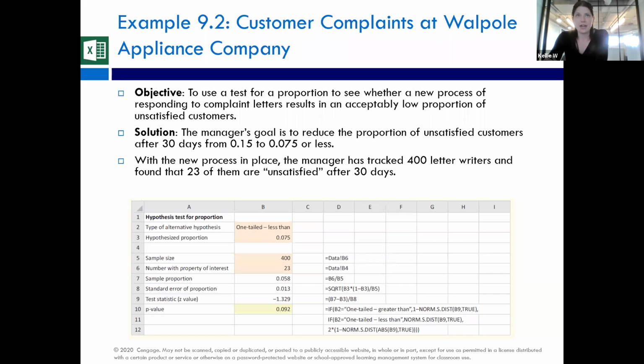So we calculate the standard error, and then we use the formula for the test statistic for the z-value, and we get negative 1.329, which is telling us that we're about 1.3 standard deviations to the left of our null. And so not as strong as the last example, and that checks out because our p-value is 0.092. Generally, we would reject this. We would say we can't confidently state that we've met our goal, that our alternative hypothesis is true. We're less than 0.075.